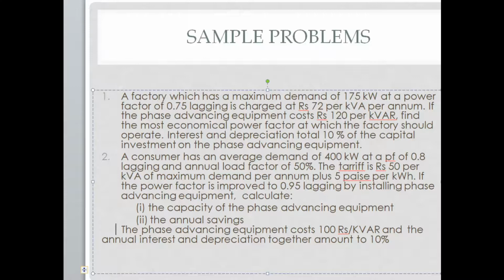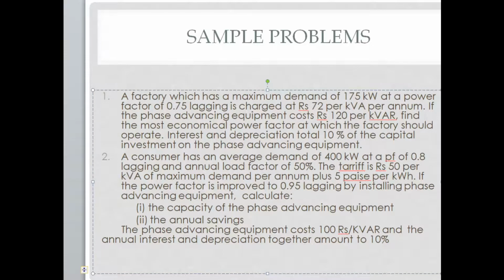However, it's a double-edged sword because you also paid for your equipment. So there will be a savings for the tariff, but there will be an additional expense from the last statement. The phase advancing equipment costs a certain 10% of the 100 rupees. So that accounts for your interest and depreciation as explained on the previous video.